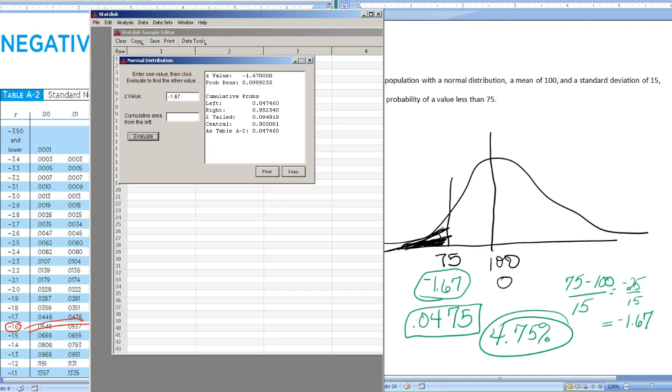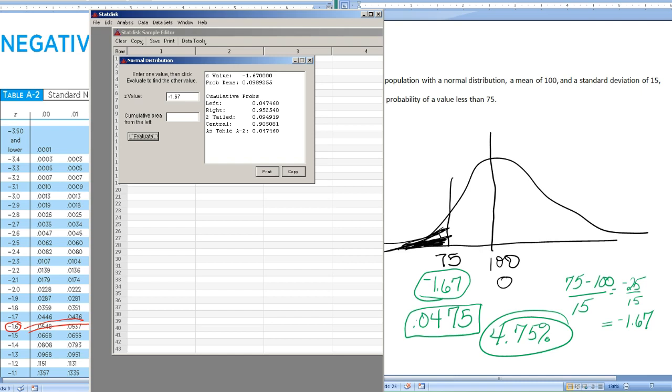It gives you several different values here. This left value, that's telling you that to the left of your z-score, everything from your z-score down to the left and over, is 0.04746, which is what we just saw. It's 0.0475, and then more we read from the table.